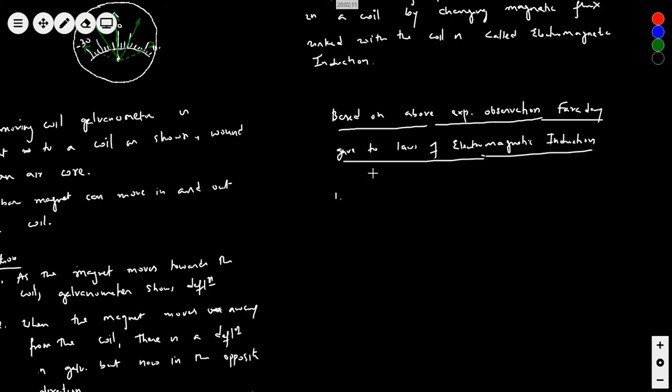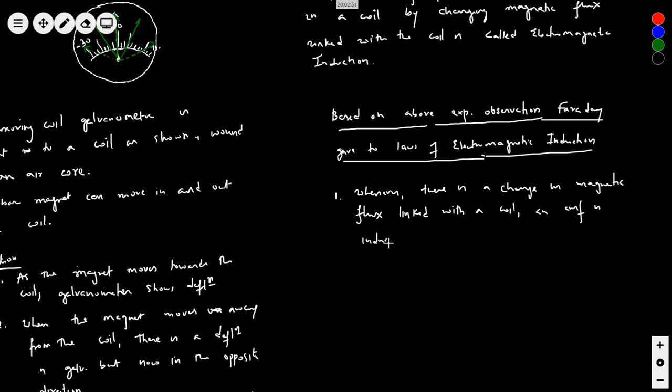First one: whenever there is a change in magnetic flux linked with a coil, an EMF is induced in the coil. We call it induced EMF.